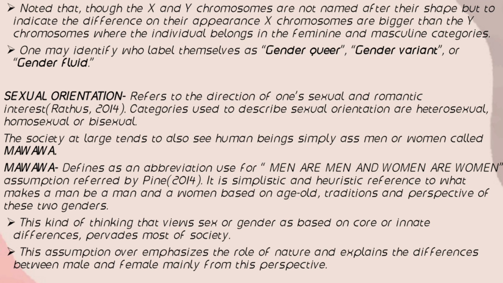This kind of thinking that views sex or gender as based on core or innate differences pervades most of society. This assumption overemphasizes the role of nature and explains the differences between male and female mainly from these perspectives.